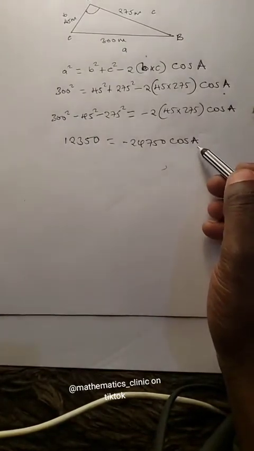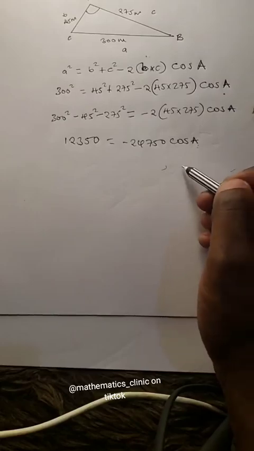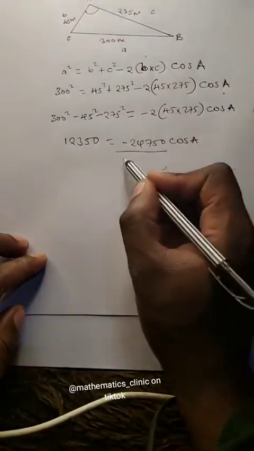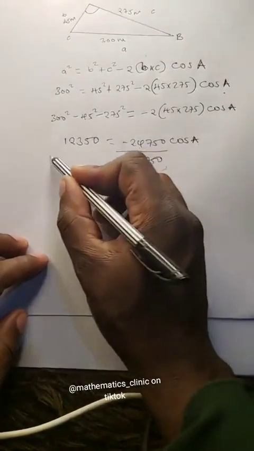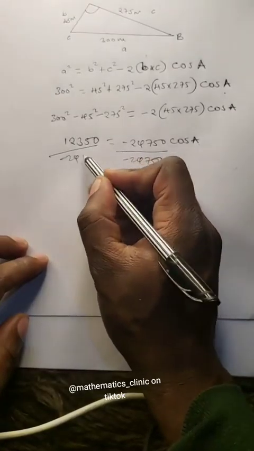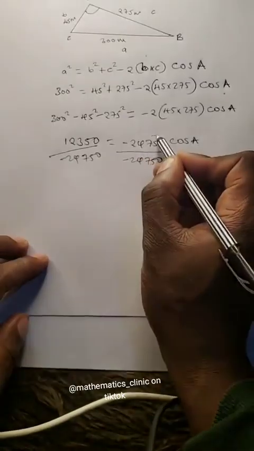But we want to find A, so we make A the subject of the formula. We divide both sides by negative 24,750, so that and that can go.